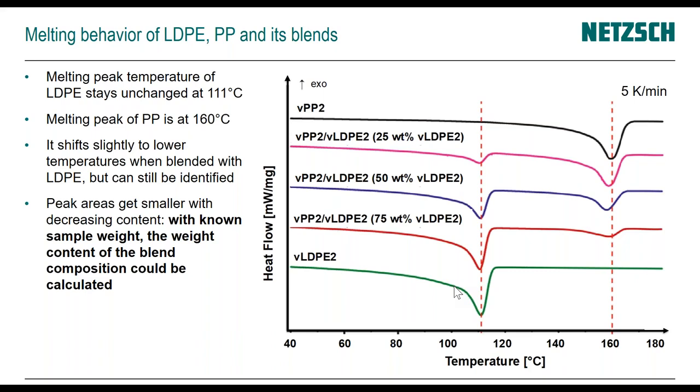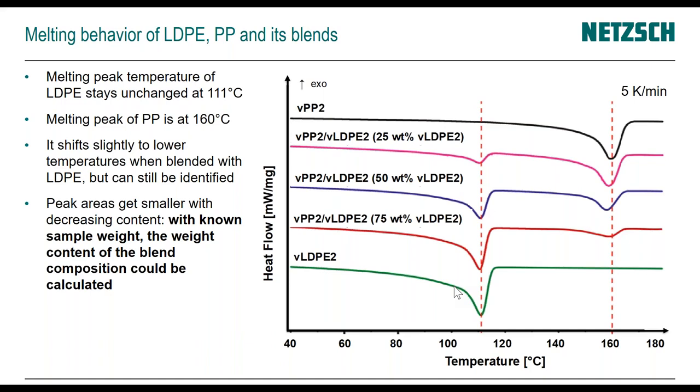So the lower the melting enthalpy of a material is itself, the harder it is to detect even smaller quantities, and you can go up with your sample weight to eliminate that factor to a certain degree, but obviously you can't go up to super high weights because then your heat transfer within the crucible is getting in the way, and your measurement is not as precise anymore, right?